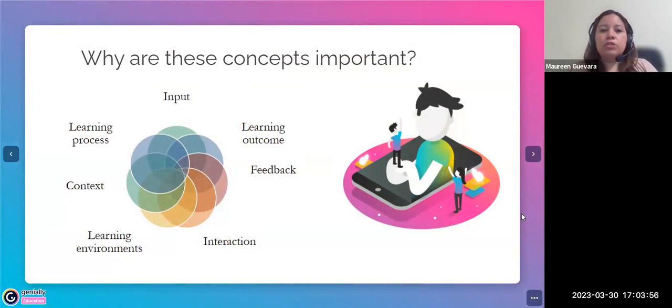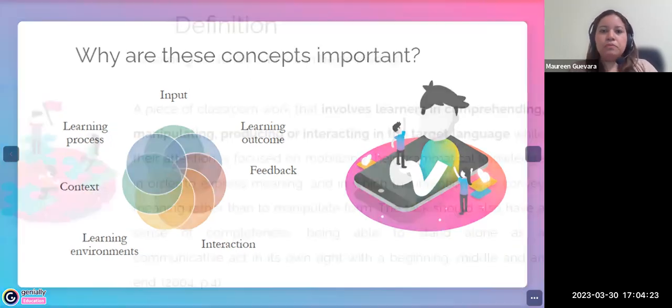Because each one of these concepts is relevant during the whole learning process, during each one of the stages of the task-based cycle that we are going to check. Just try to keep these concepts in mind, because we are going to use them through the whole presentation.